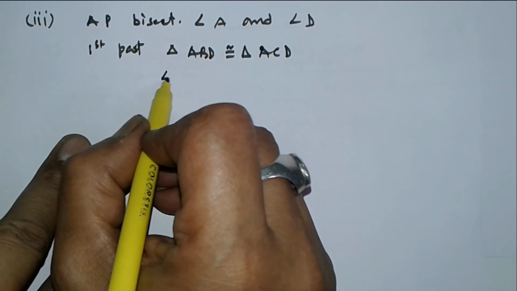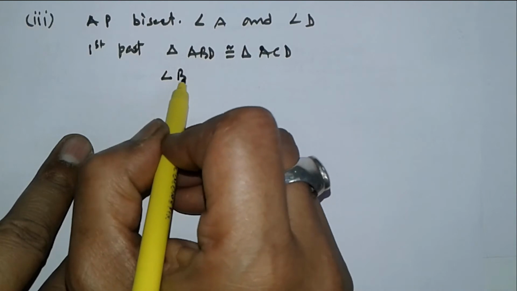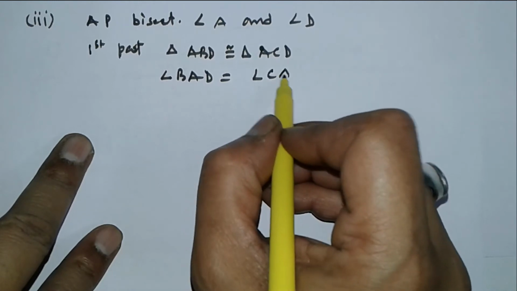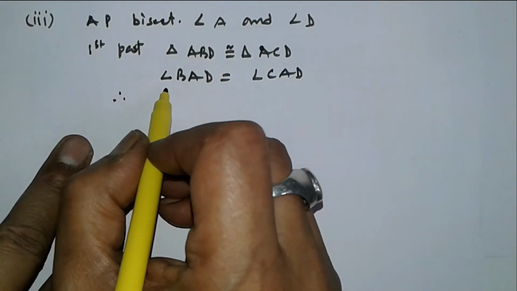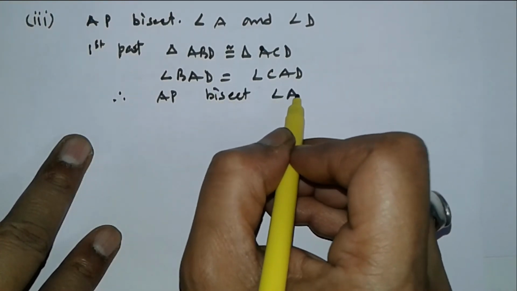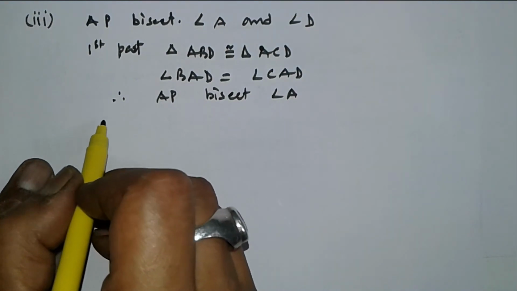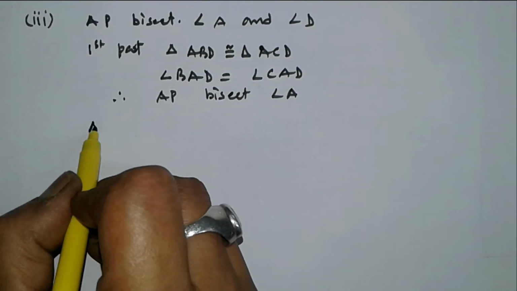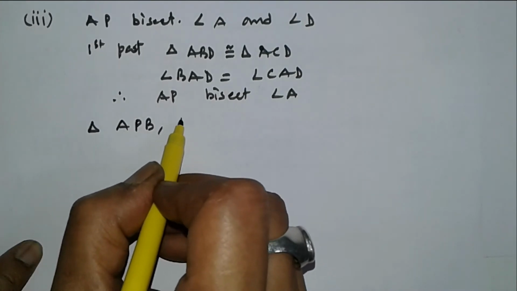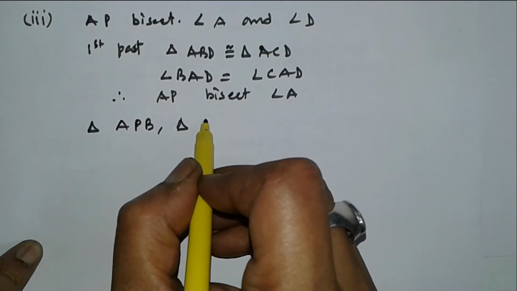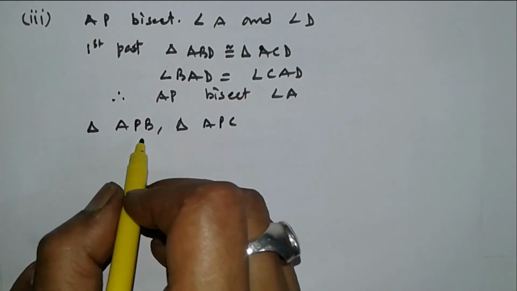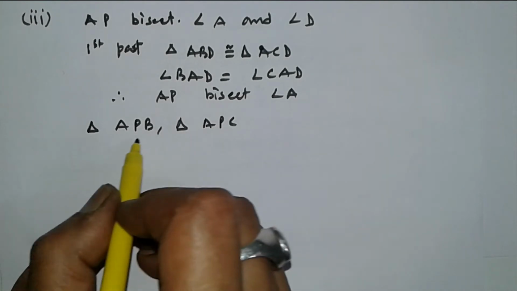Therefore angle BAD is equal to angle CAD. So we can write AP bisects angle A. Now if we take triangle APB and triangle ACP, in these two triangles we have already proved that they are congruent to each other.